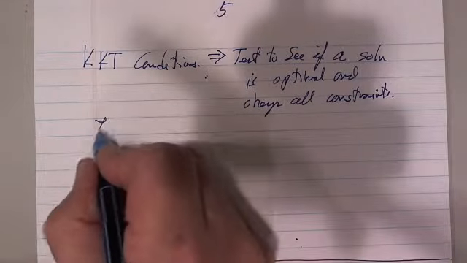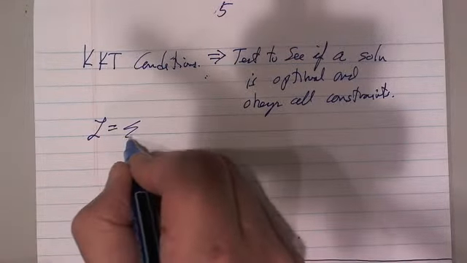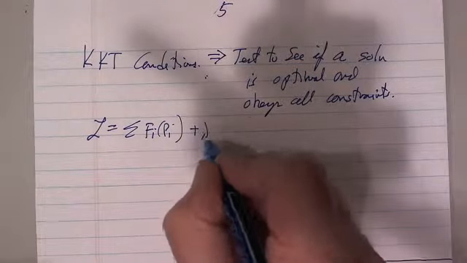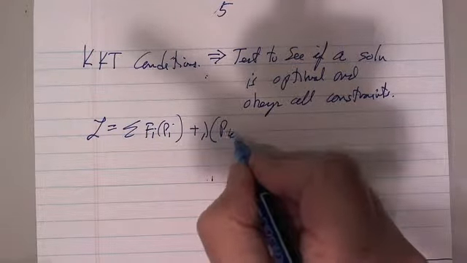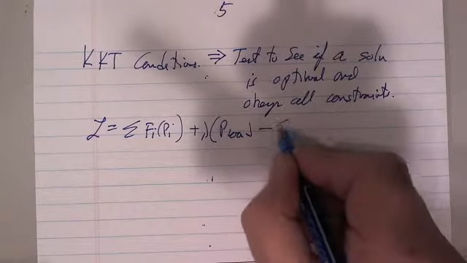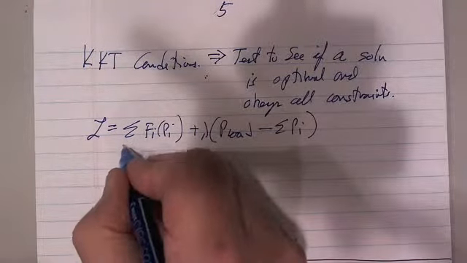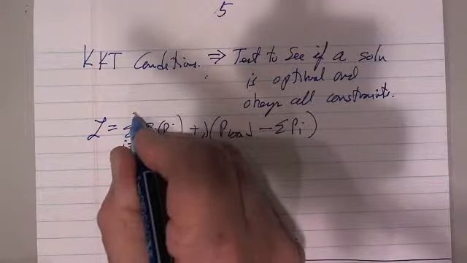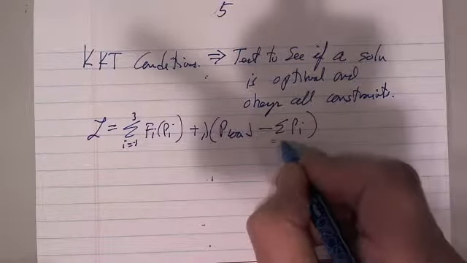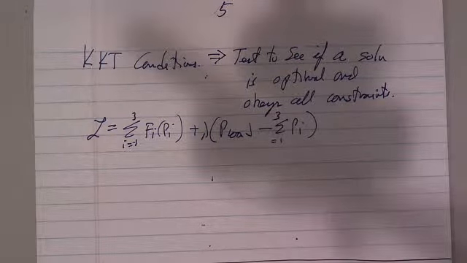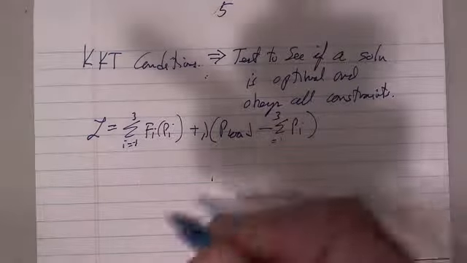So now we have this Lagrange function, the sum of Fi(Pi) plus lambda times (P load minus the sum of Pi), i equals 1 to 3. So there's our initial problem. And now we have these inequality conditions.